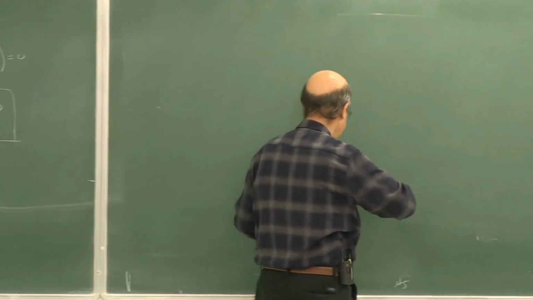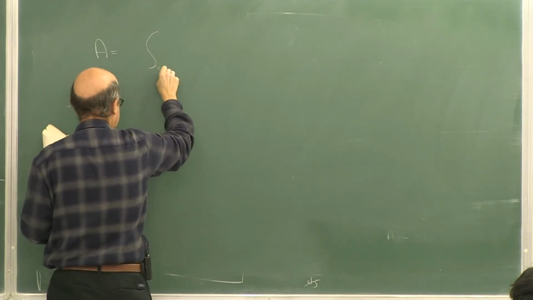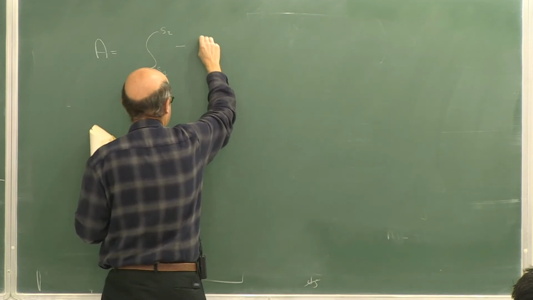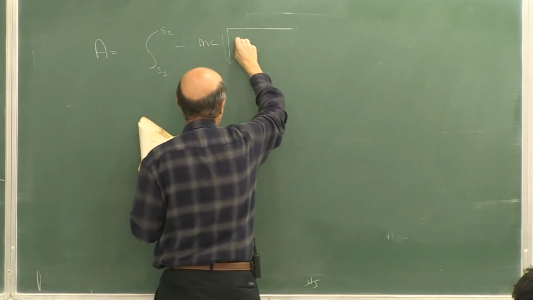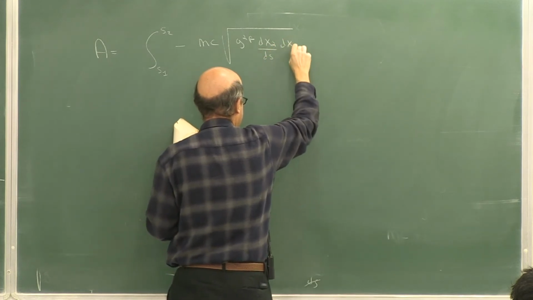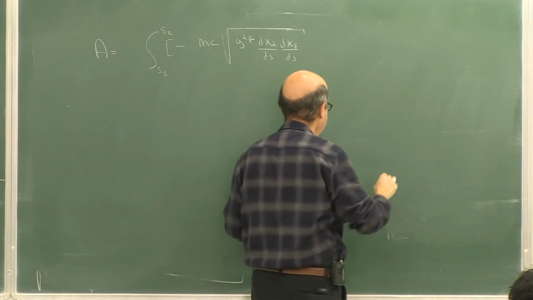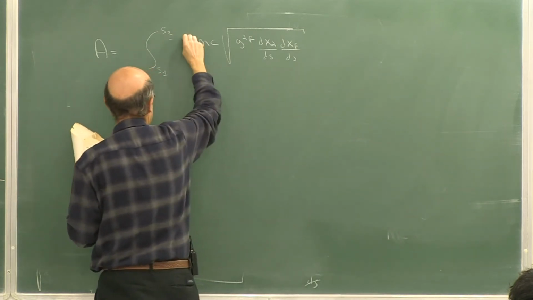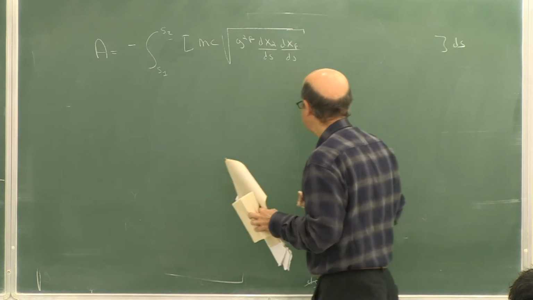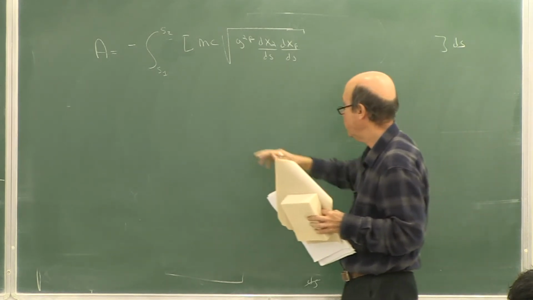We have an action, if we have no interaction with the electric and magnetic field, equal to the integral from s1 to s2 over the proper length interval of minus m times the square root of g alpha beta dx alpha over ds dx beta over ds, integrated through ds. If you look at this nicely, you see that if you write d tau instead of ds, nothing will be changed; you only change the integration limits.